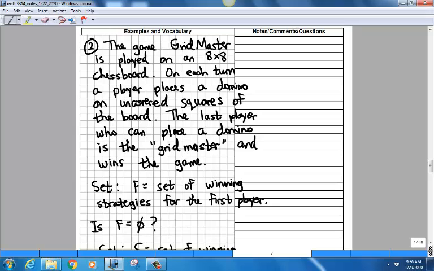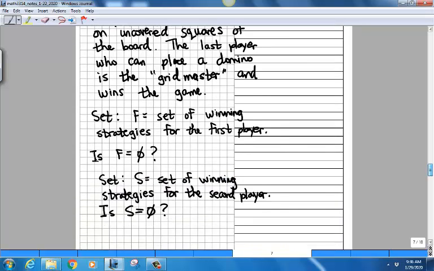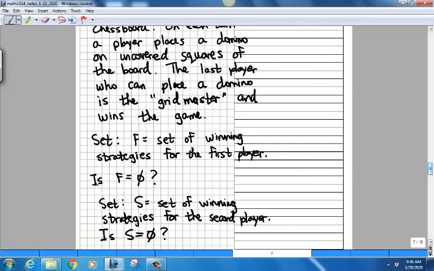I'll let y'all ponder Gridmaster. You might find someone to play it with you and see if you can become good at it. So we'll let y'all ponder that game for a little bit.